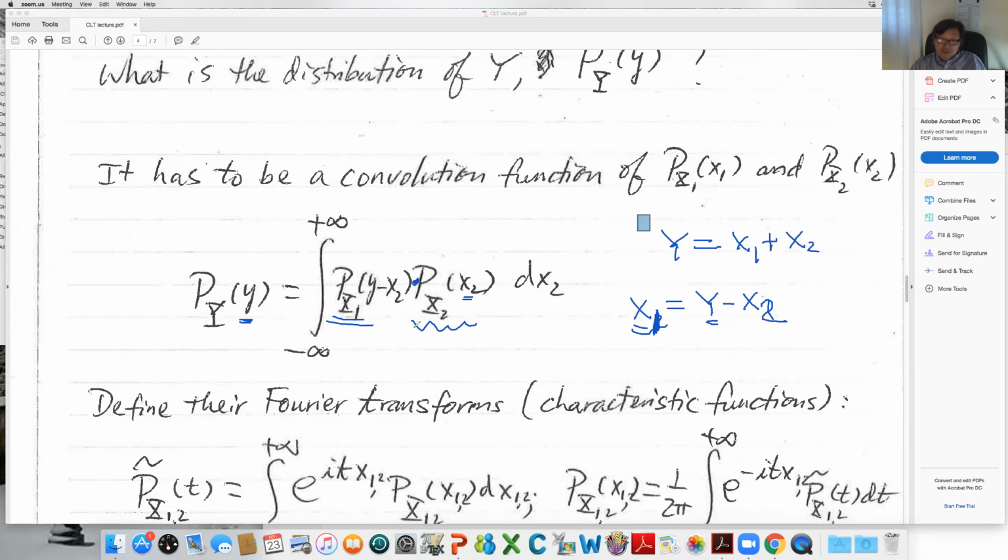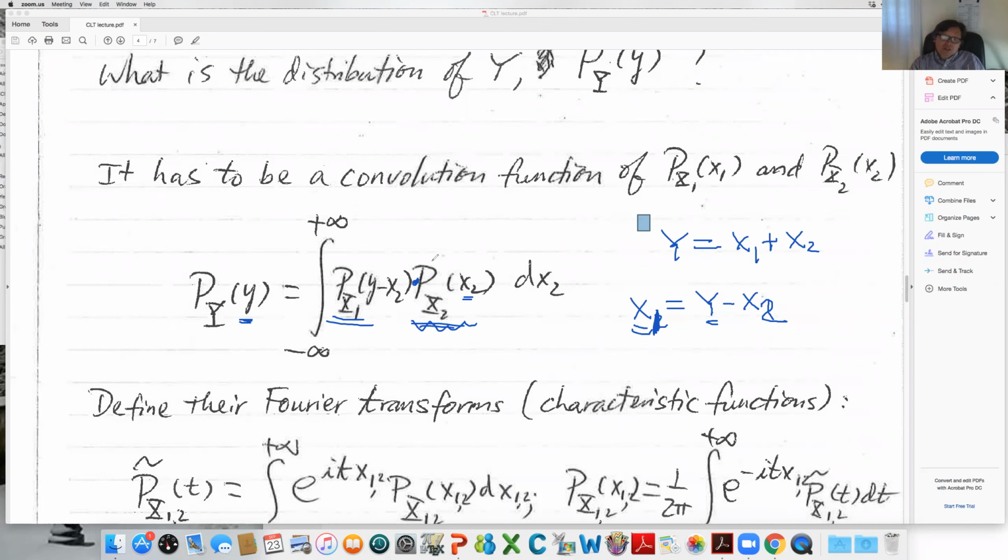If you have found this a little twisted, let me give you an example. Let's say you throw two dice. Dice 1 has 6 sides, 1, 2, 3, 4, 5, 6, and dice 2 has 1, 2, 3, 4, 5, 6.